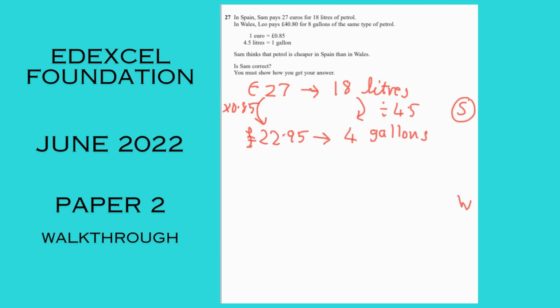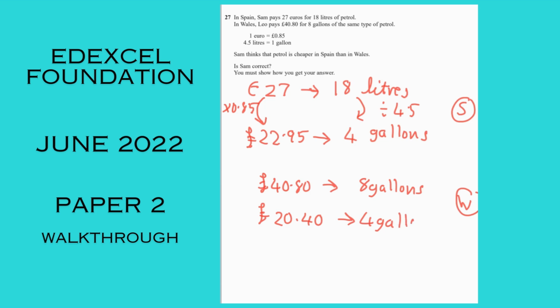Now in Wales, Leo pays £40.80 for 8 gallons. Well, we're very close to having a comparison. If we halve both sides, we can see that in Spain it's £22.95 for 4 gallons.